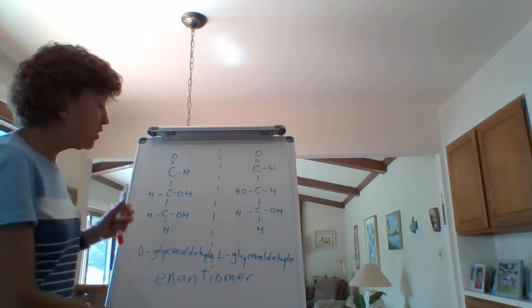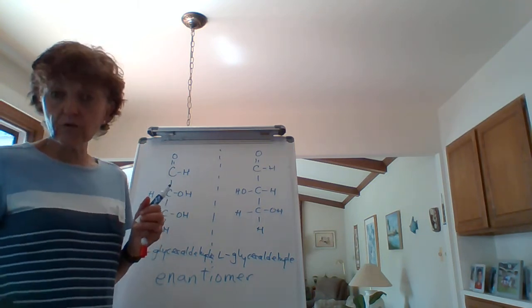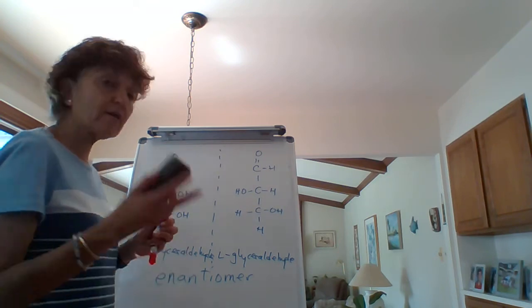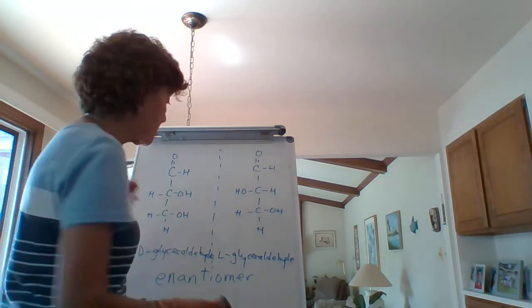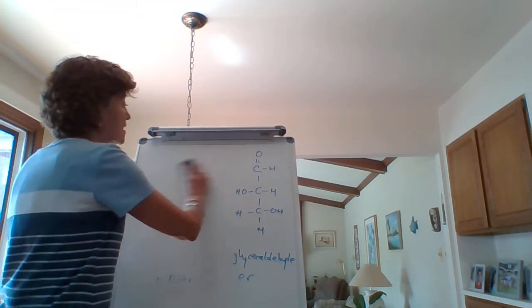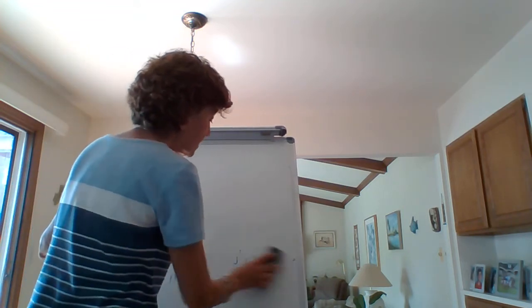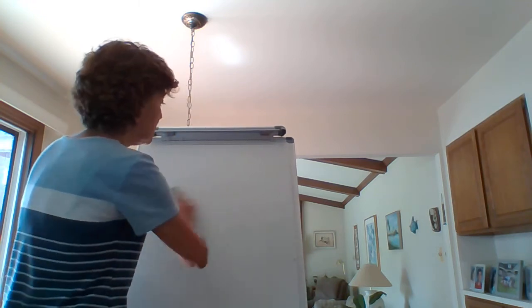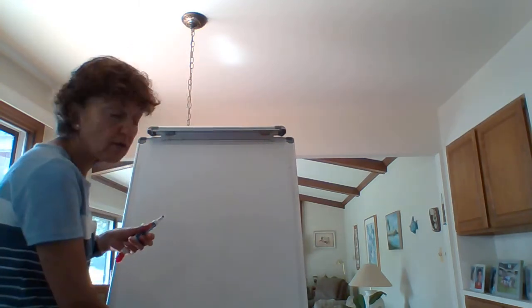All right? So I'm going to skip over the tetroses, the 4-carbon monosaccharides. You can look them over in your book. I'm going to move on to the pentoses. There are 2 pentoses I'd like to talk to you guys about because we're going to be seeing them in DNA and RNA.